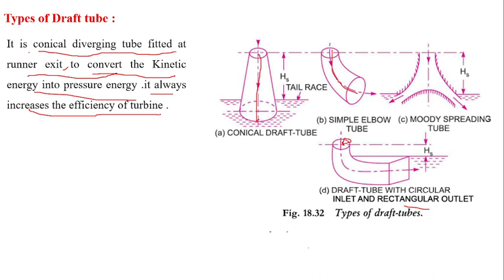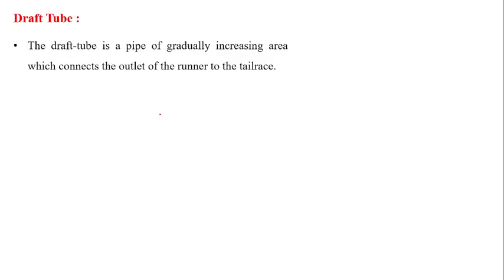In turbines, at the inlet we give pressure energy and kinetic energy. It is converted into kinetic energy and rotates the runner. After that, kinetic energy has to be converted into pressure energy. If not, damage to the tail race will occur and the life of the turbine is reduced. A draft tube is a pipe of gradually increasing area which connects the outlet of the runner to the tail race.